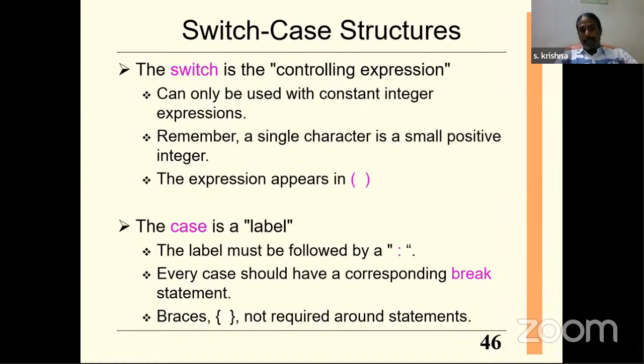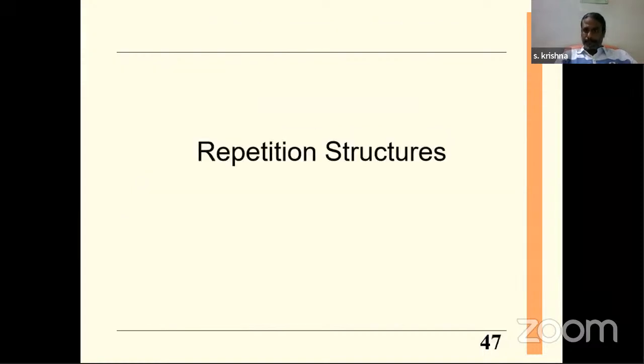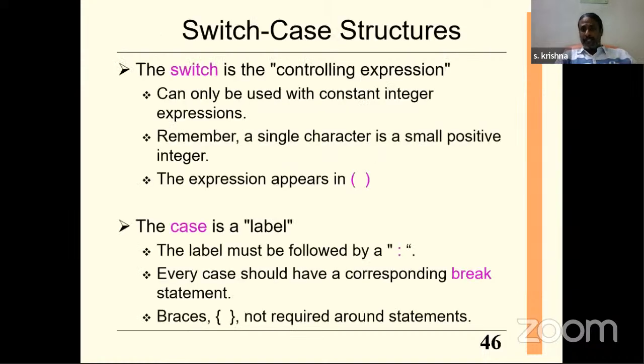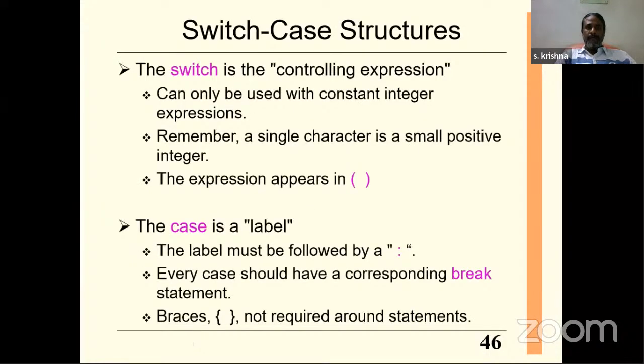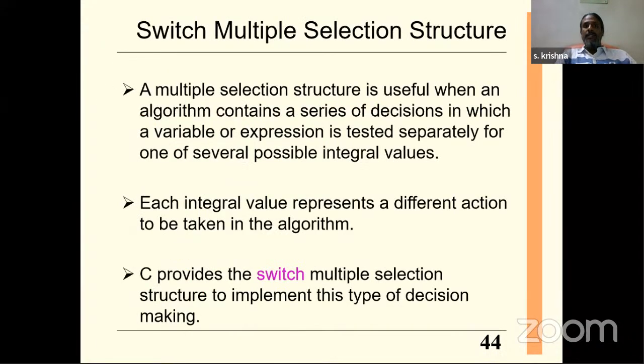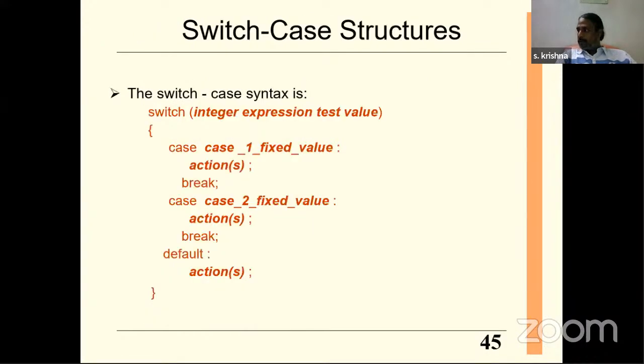Flower brackets are where you have to write the case conditions. So these are about switch conditions. In a later program, we're going to see the switch cases. The switch and the if are called selection structures. Hope you people understood.